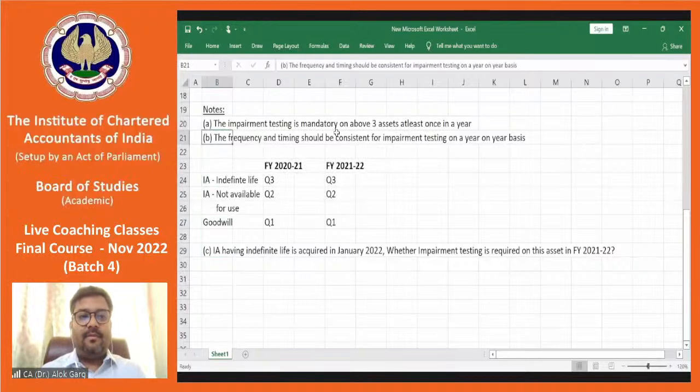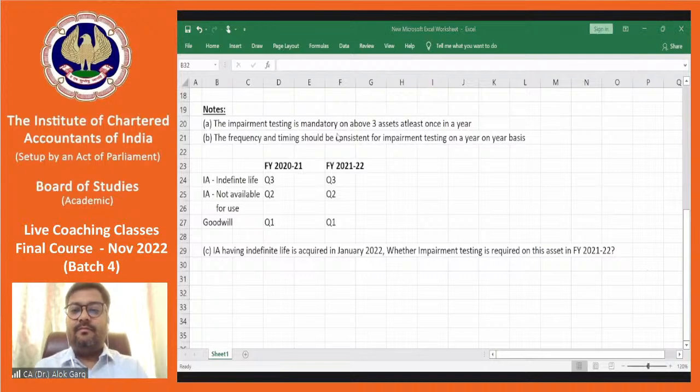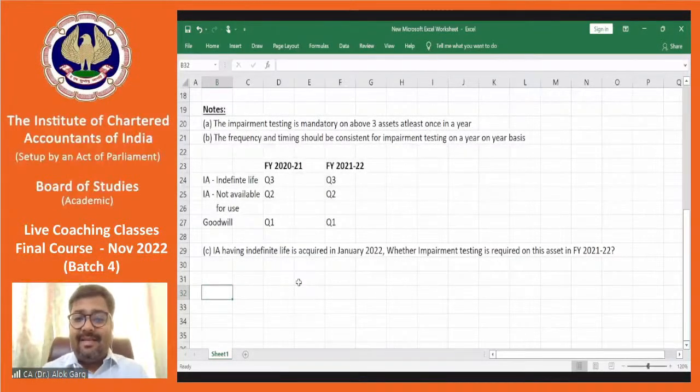Is it required? What is your view, guys? Yes, it is required. Standard says that even if these three assets have been acquired during the year, doesn't matter whether it is 2 months old or 3 months old, the impairment testing is required on the reporting date, right?